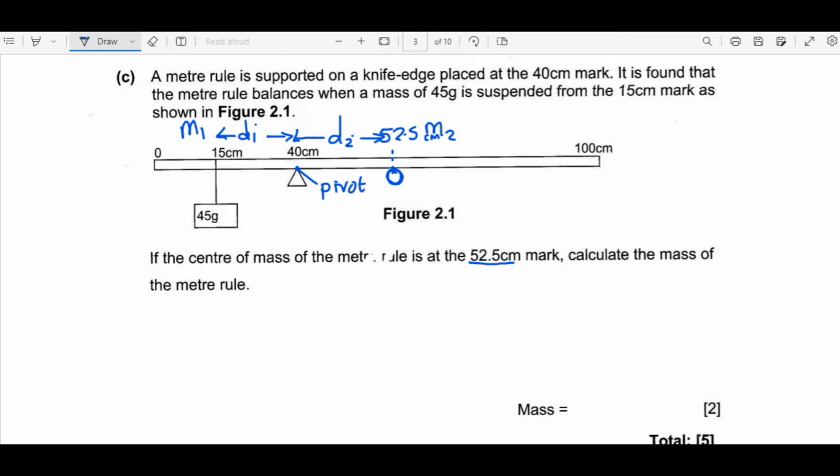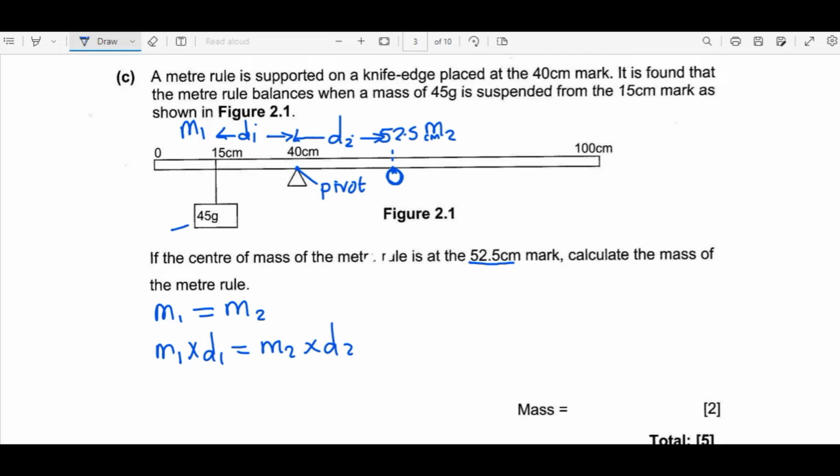So let's now apply moments. So we'll say moment 1 is equal to moment 2. Then the formula for moment is equal to force times distance. Now since we are given mass, we just say mass 1 multiplied by distance 1 is equal to mass 2 times distance 2.